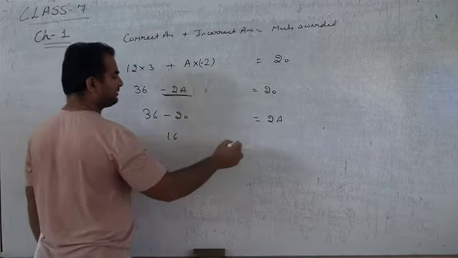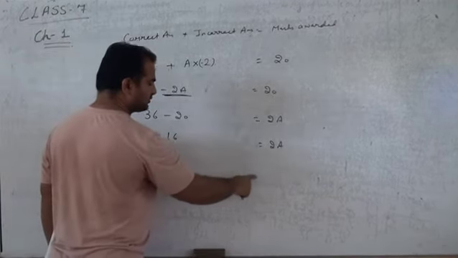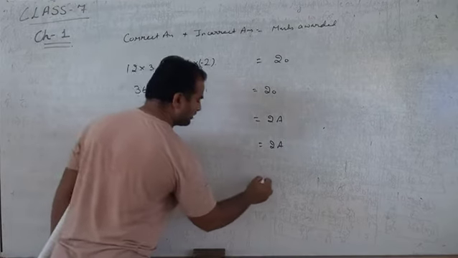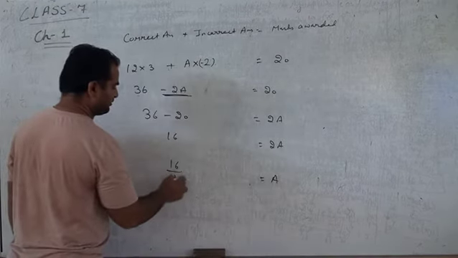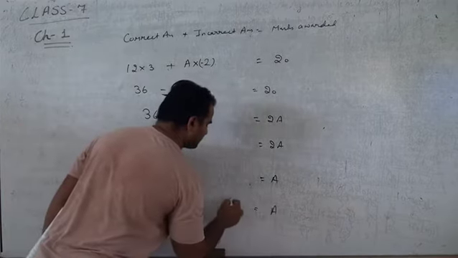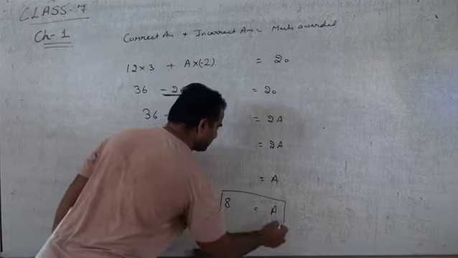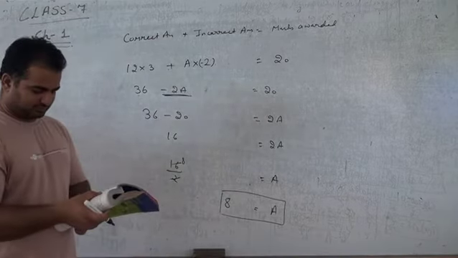This 2 and A are multiplying with each other, so when we transpose 2 to this side, it will be divided. So it will be 16 upon 2, and after that A equals 8. So Radhika has answered 8 incorrect questions.